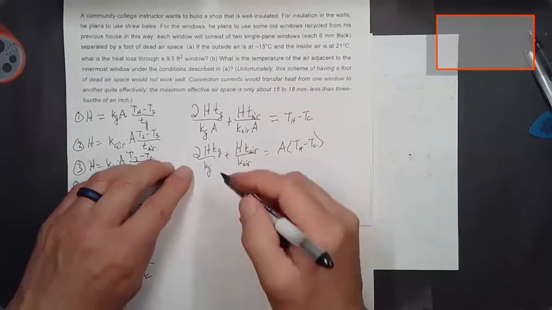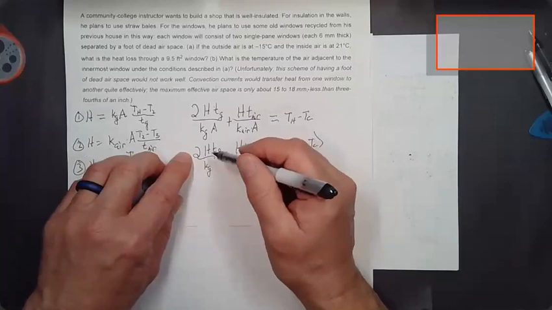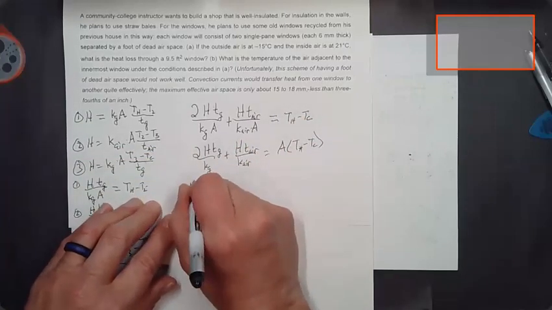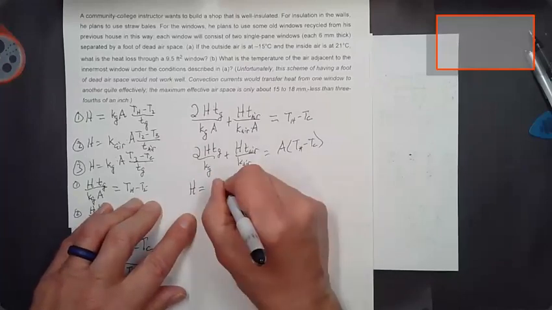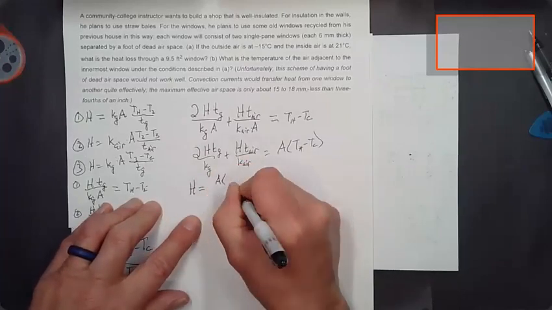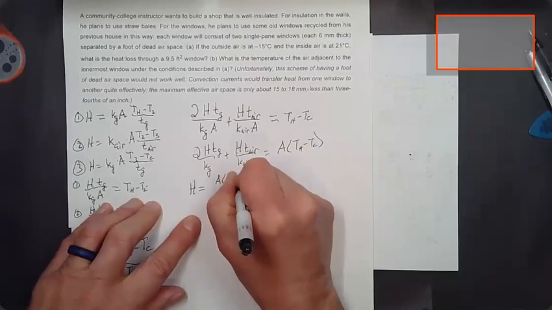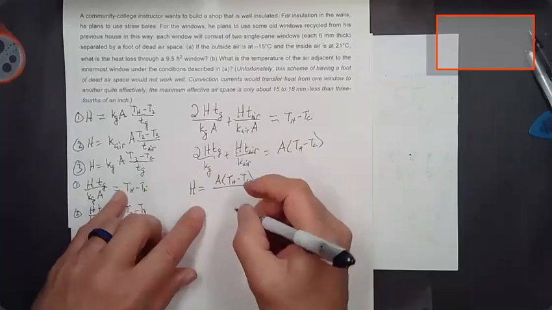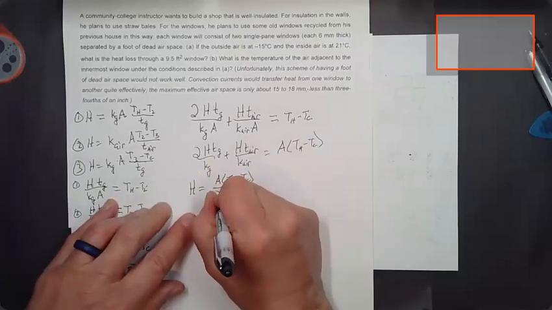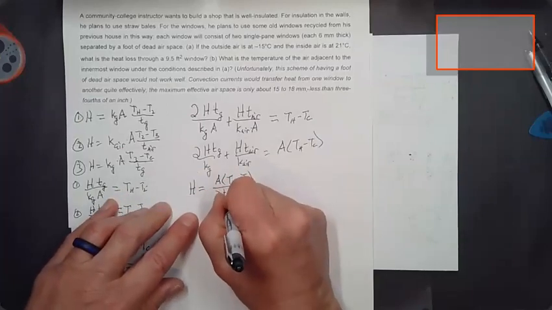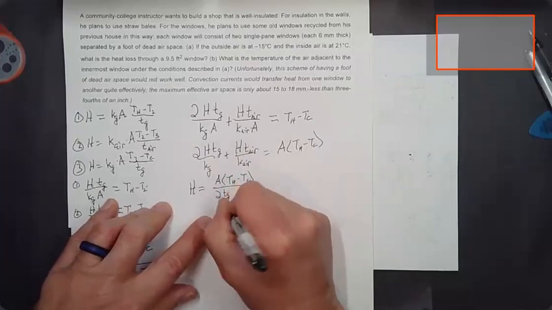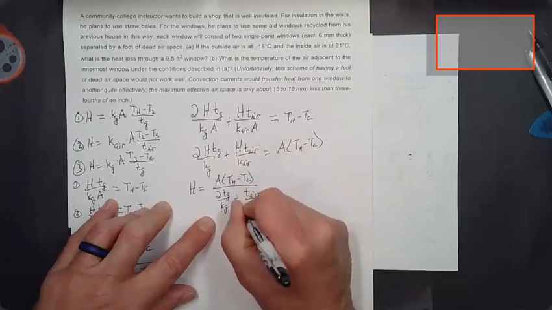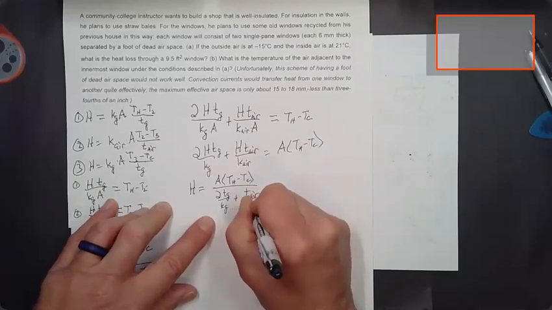And then I'll factor out the H's and divide by what's left inside there. And so I'll have H is going to equal the area times TH minus TC divided by 2T sub G over K sub G plus T sub air over K sub air.